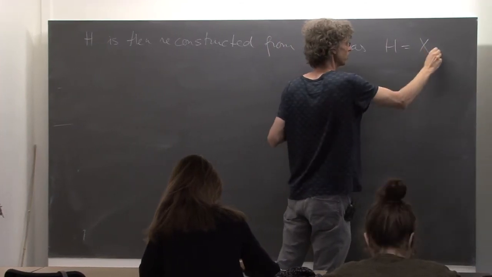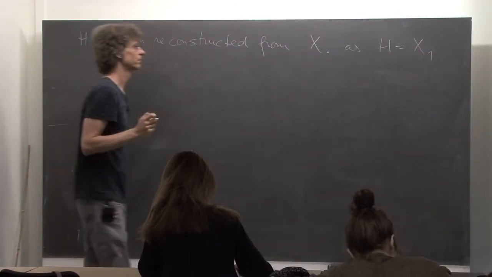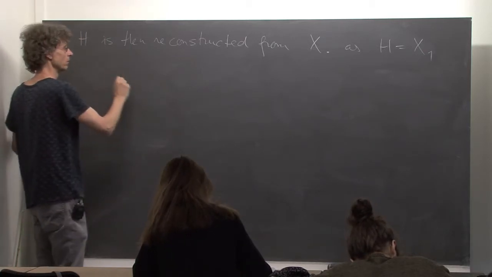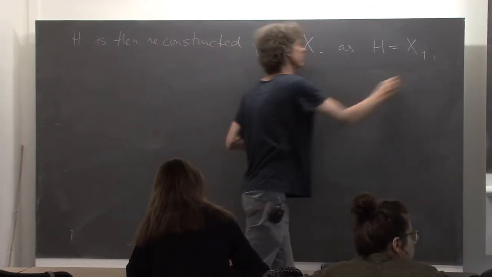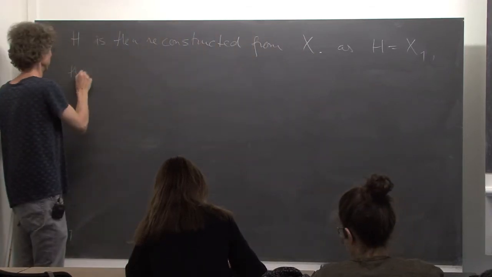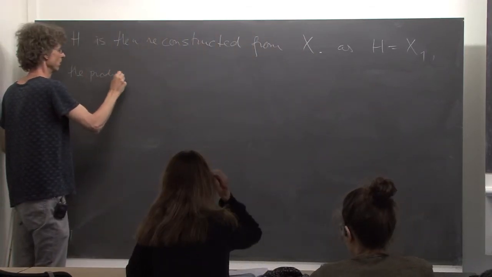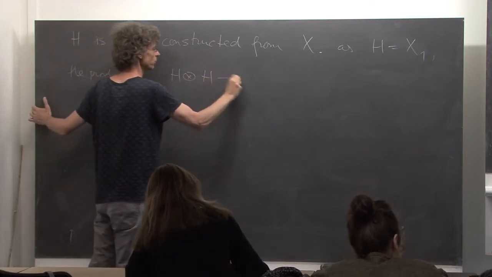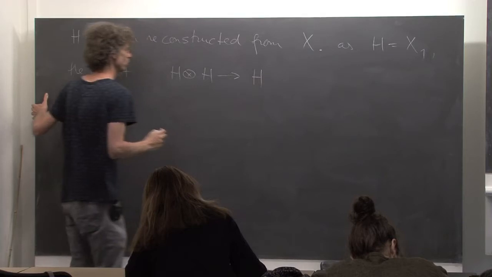H is just X_1, and the product H tensor H to H. So what is it?